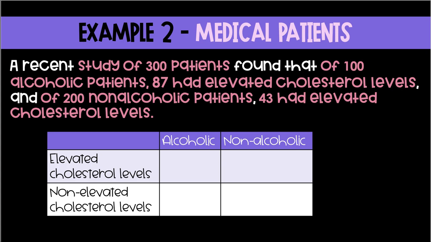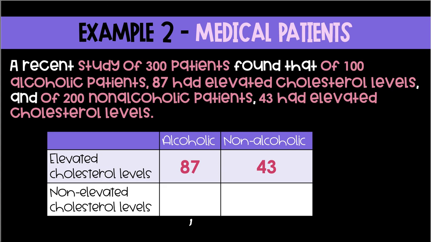We're being told that 87 from the alcoholic patients had elevated cholesterol levels, and 43 from the non-alcoholic patients had elevated cholesterol levels. That puts our data like this, 87 and 43.